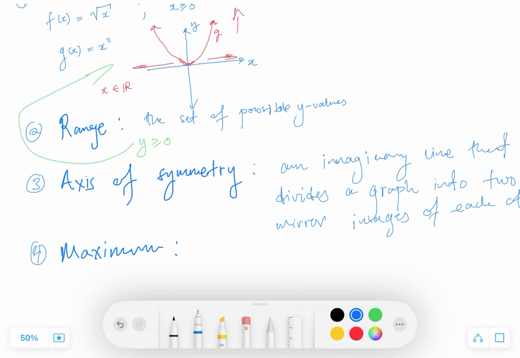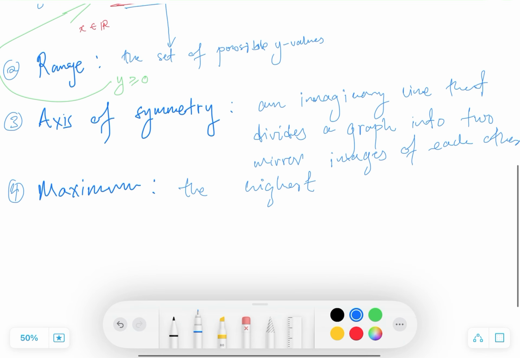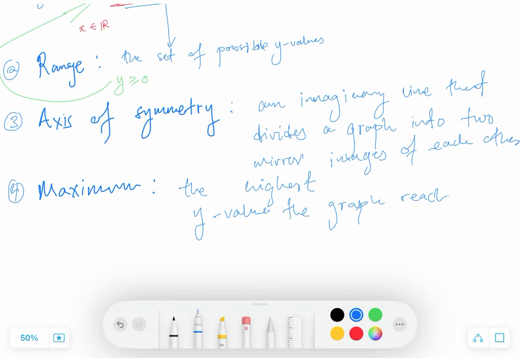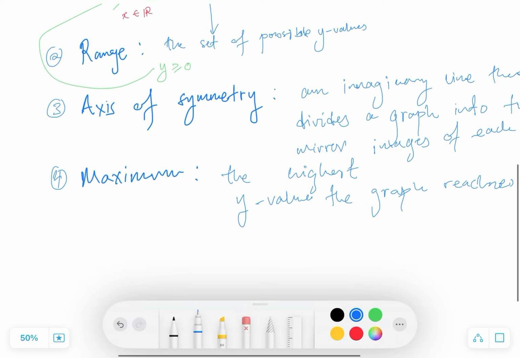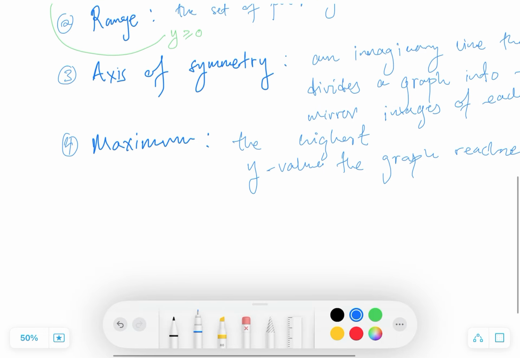So you can just think of it as the highest y value the graph reaches. So if you climb the graph and reach the highest point before going down, that is the maximum point. It's the point at which you change direction.